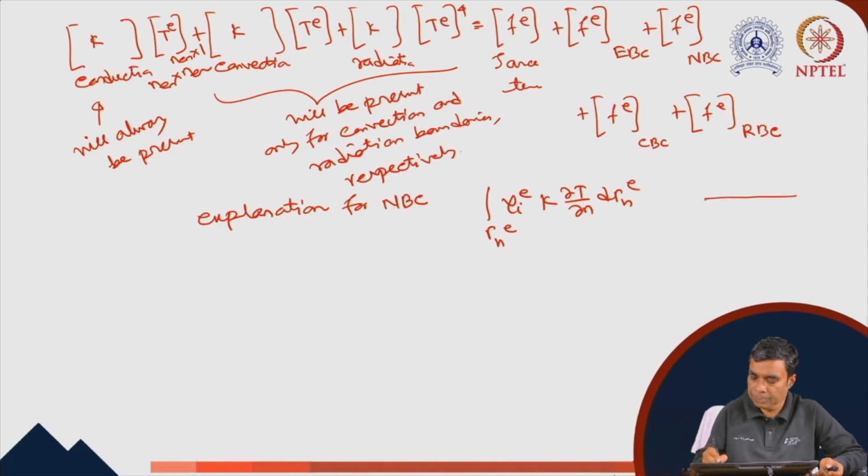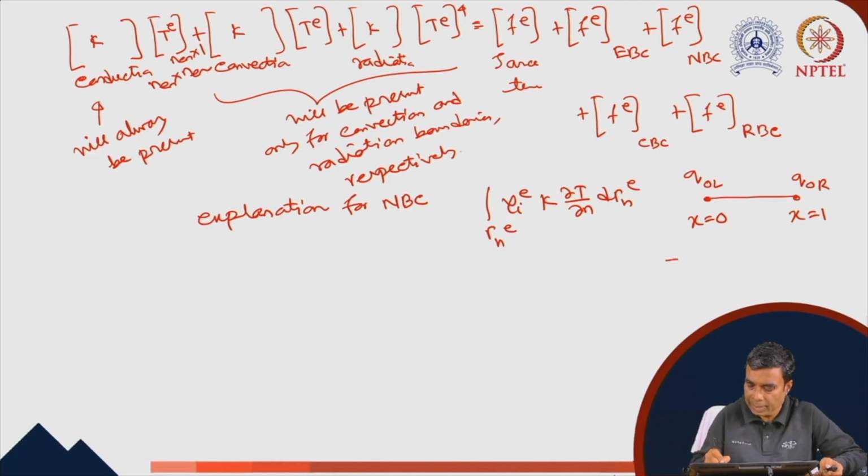Now consider we have a one-dimensional bar. Its left and right boundaries, they are subject to NBC, where at the left boundary the boundary condition is q_0L, at the right boundary the boundary condition is q_0R. These two boundaries are denoted by the symbols x equals 0 and x equals 1.